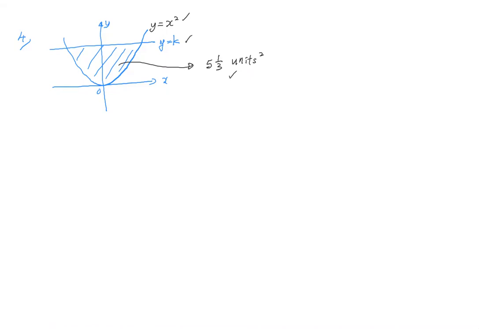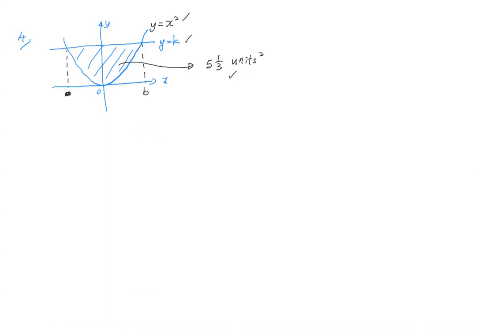You have to find the x coordinates of the intersection points, because now you want to find K. So if this is called A, and this is called B, I must find A and B first.